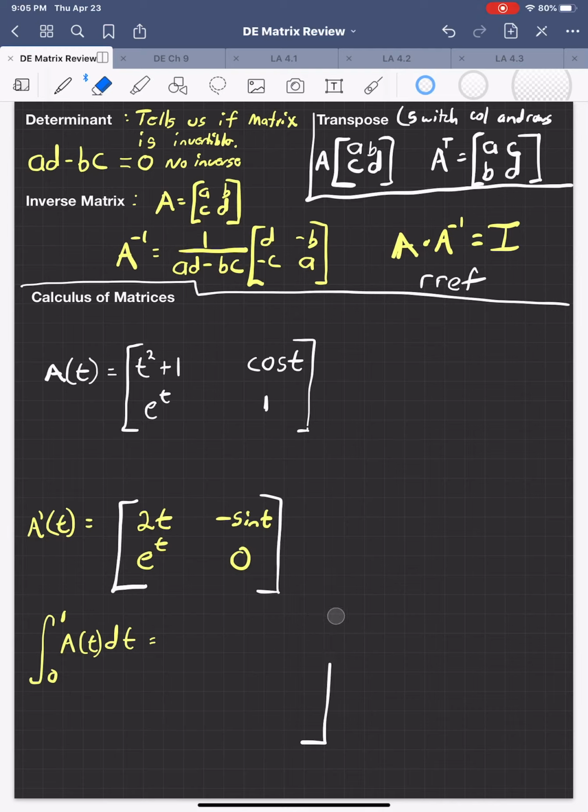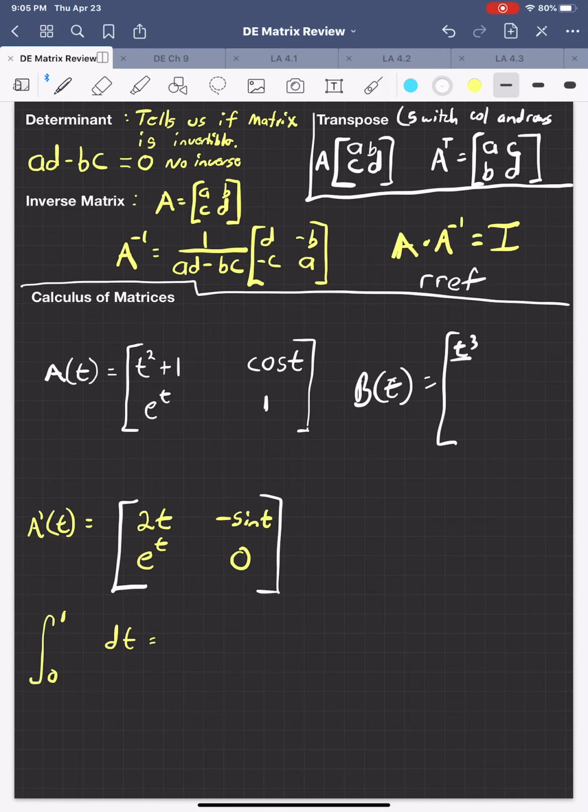My only pause here is I'm using a different matrix. So let me just give you a different matrix here. Let's say B of t is equal to the following: t cubed over 3 plus t, then sine of t, then e to the t, and then t.